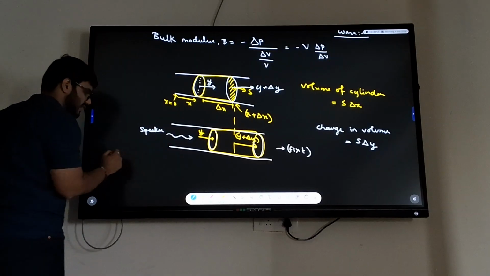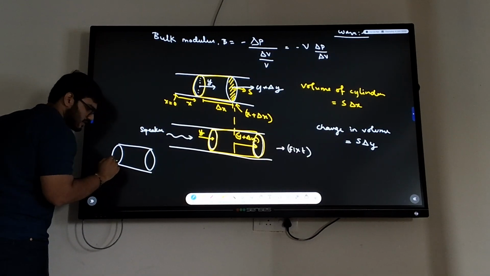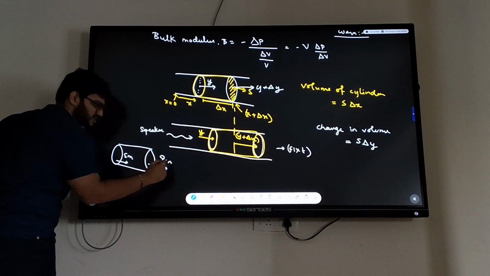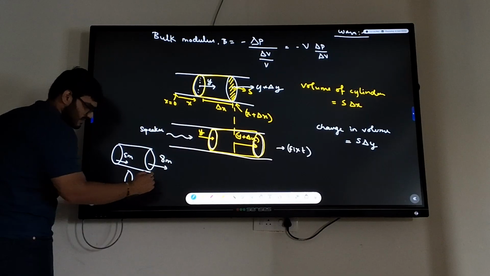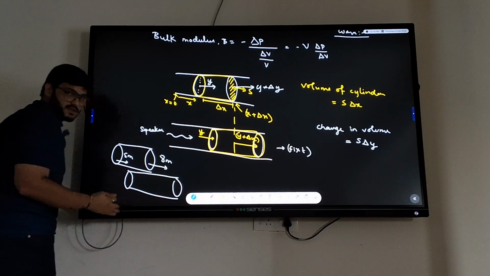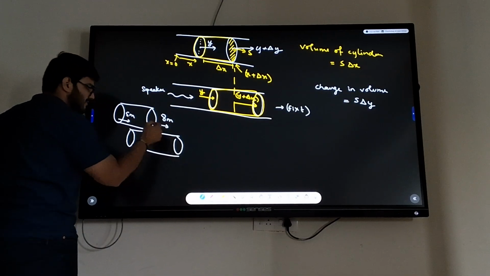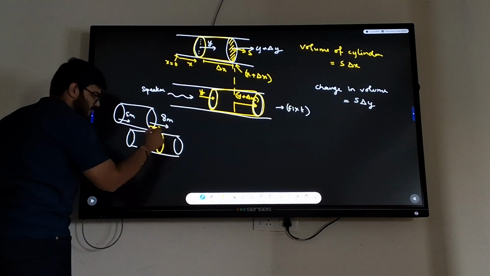Let's say you had a cylinder here, and this end got shifted by 5 meters and this end got shifted by 8 meters. So now your shifted position is here, and this is here. So this is a little stretched. If it were only moved by 5 meters, then it would be here.